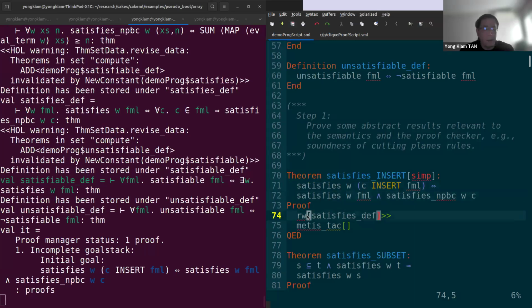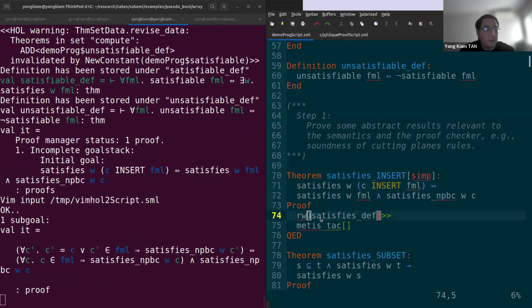And then what I can do is interact with the prover by sending things called tactics, which allow me to tell the prover that I want to advance the proof state, in this case, by, for example, expanding the definition of satisfies, and so on, right?